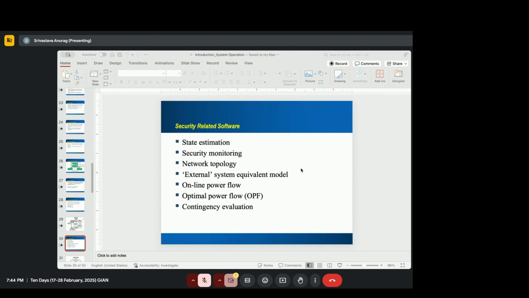So all this information is fed into the contingency evaluation, and we determine that if this line goes out of the network, or if this generator goes out of the network, can we still provide the power without any violation to the voltage and without any overload? So these are the two things that we check as criteria.